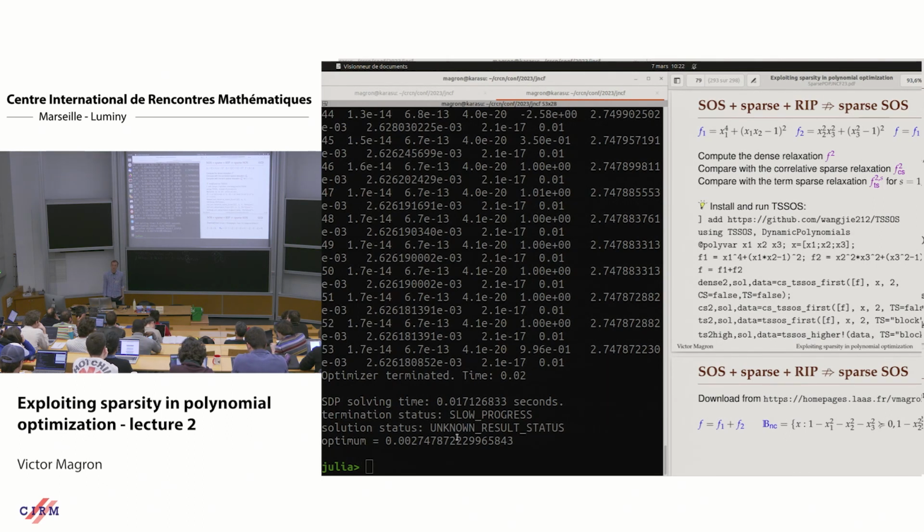Yes. Is your approach parametric with respect to the float type? Can you use BigFloat, for example? No. Because of the solver behind? Because if you know YALMIP in MATLAB, we use some kind of analog of YALMIP, which is called JuMP, and JuMP doesn't embed arbitrary floating point.